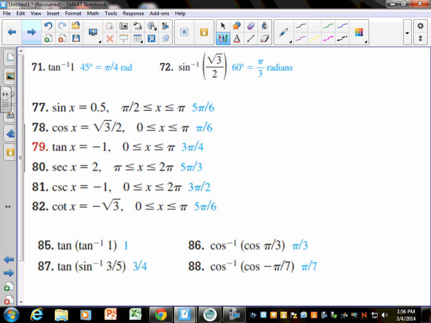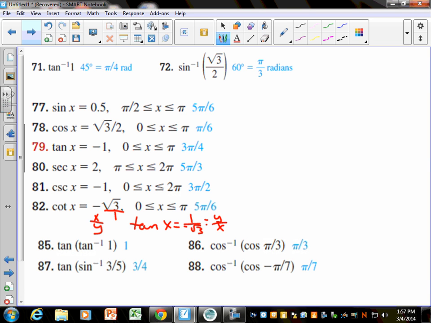If you leave it as cotangent, remember that this is x over y from that unit circle. Or if you switch it to tangent, this would be 1 over negative square root of 3, which would be y over x.